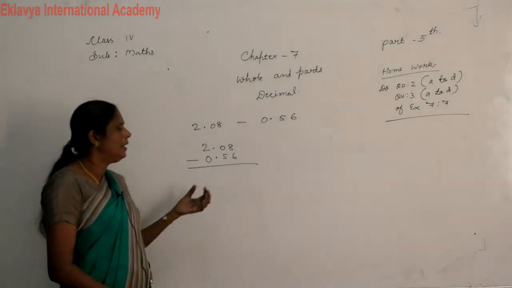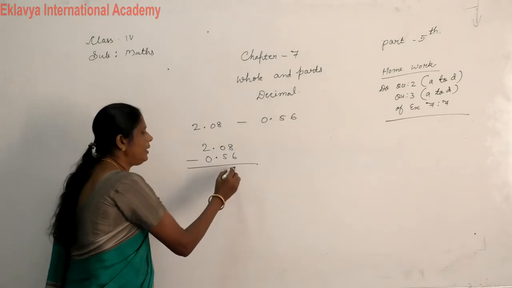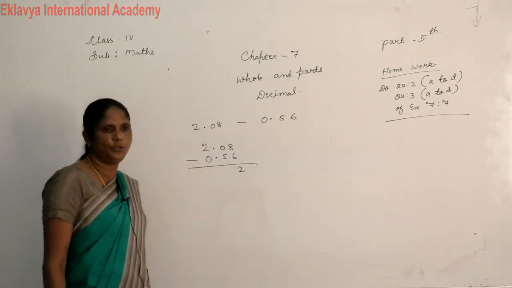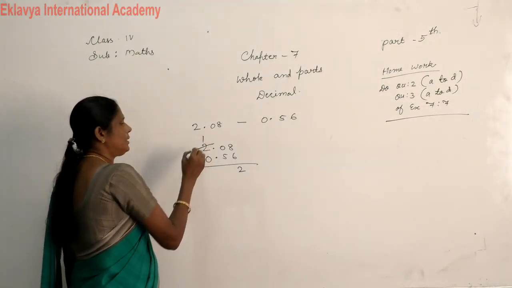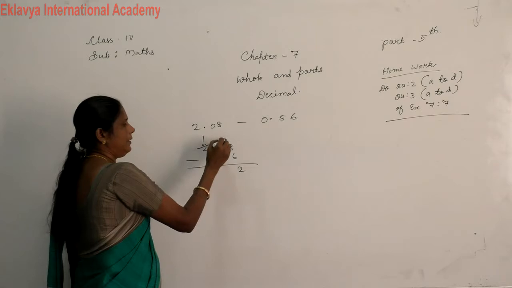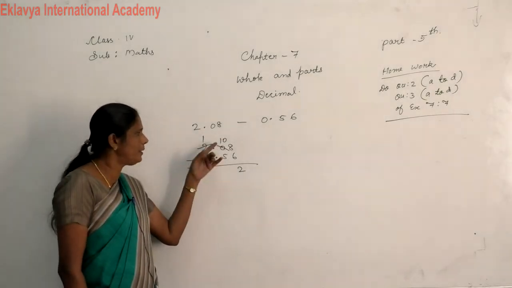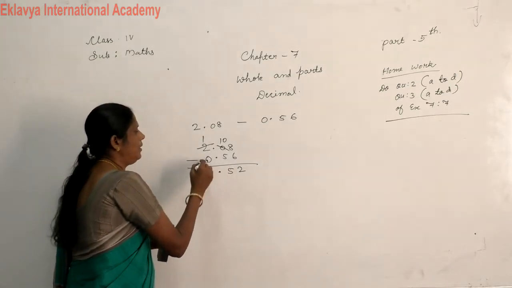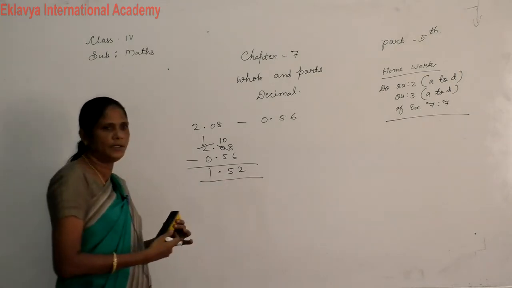Then 6 take away from 8, you get 2. 5 take away from 0. Is this possible? No. You take a borrow, this cut 1, here 10. Now 5 take away from 10, you get 5. Then the point. 0 take away from 1, 1. Understand this?